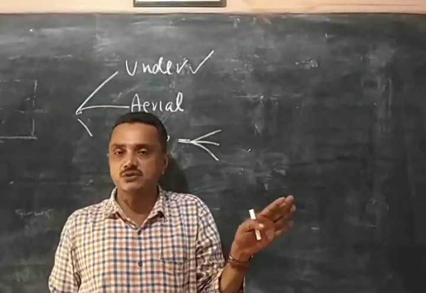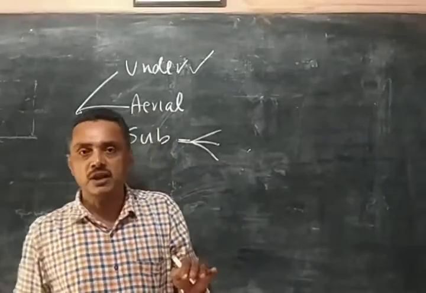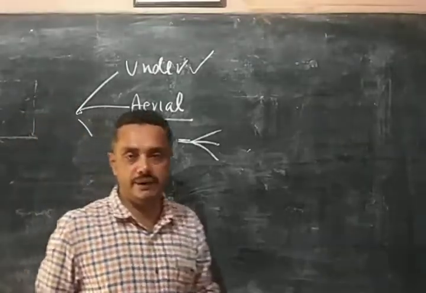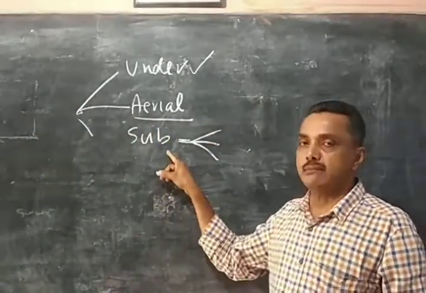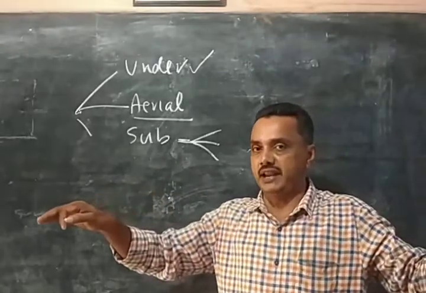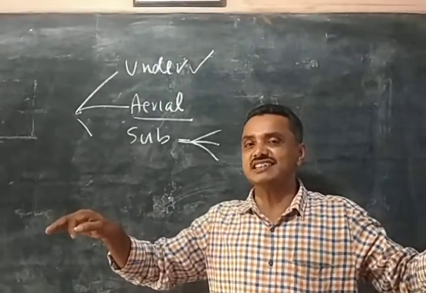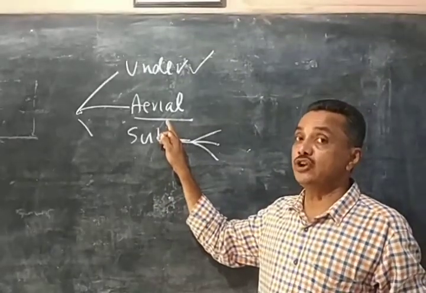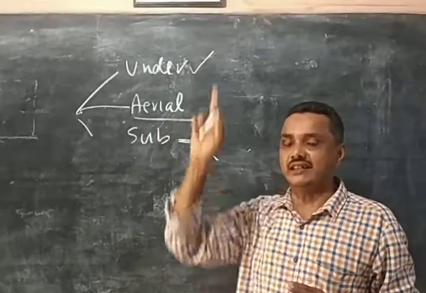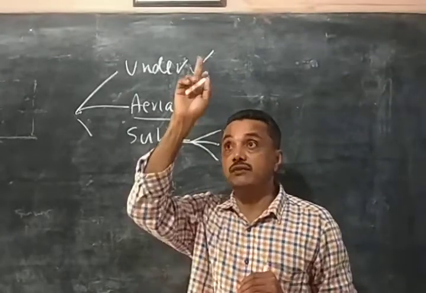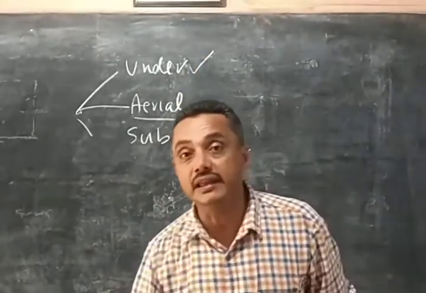Today we can see the aerial stem. Sub-aerial stem means stem present above the soil level but growing horizontally on the soil, like creepers or grasses or vegetables. Aerial means towards the air, so stem present above the soil level growing vertically is called aerial stem.